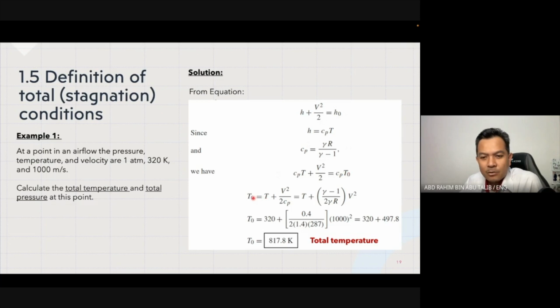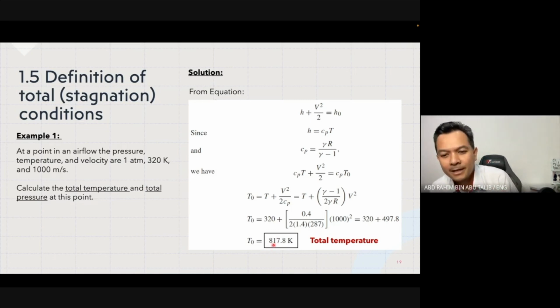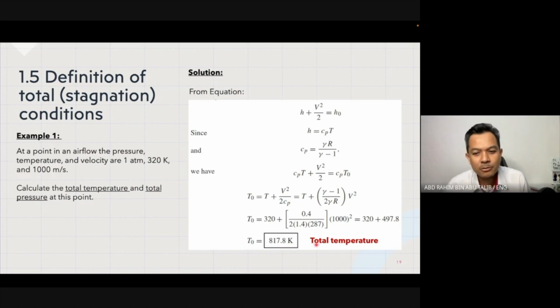You solve this equation by putting in the numbers: 320 for temperature, the velocity squared, and the value of gamma, 1.4 for air. You get the total temperature to be 817.8 Kelvin. So this is the first answer, for total temperature.